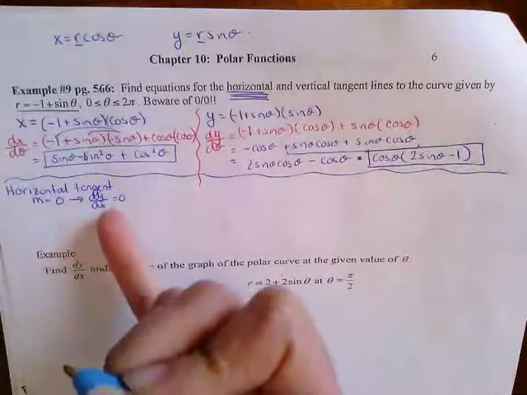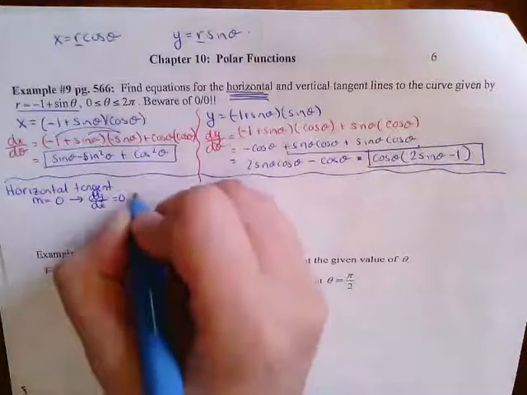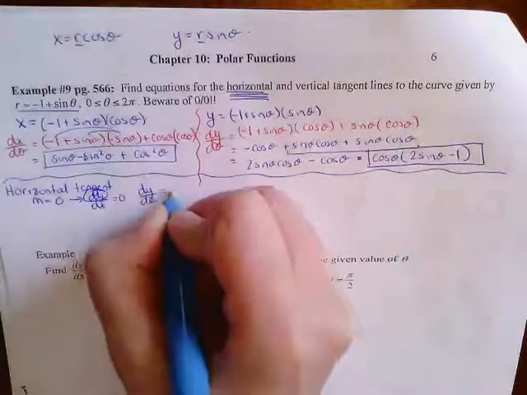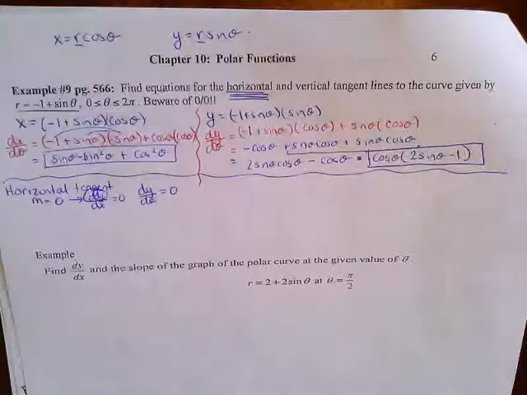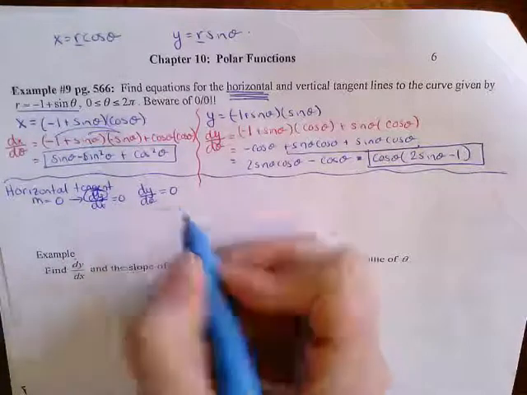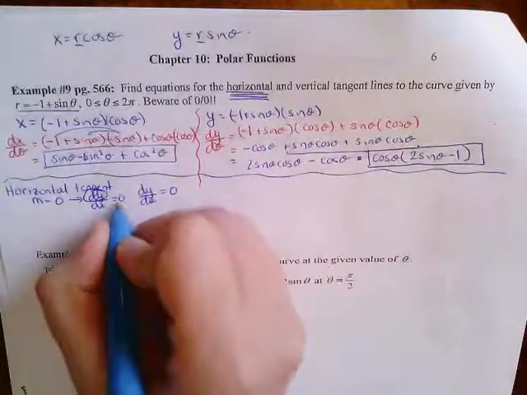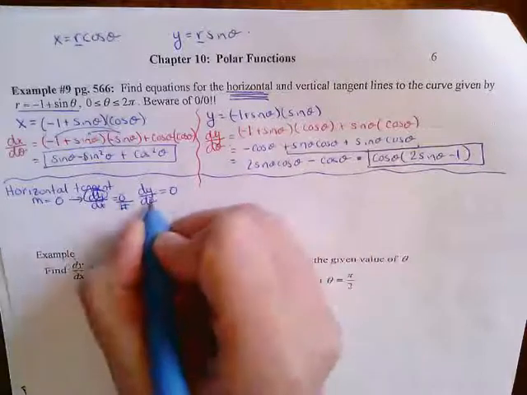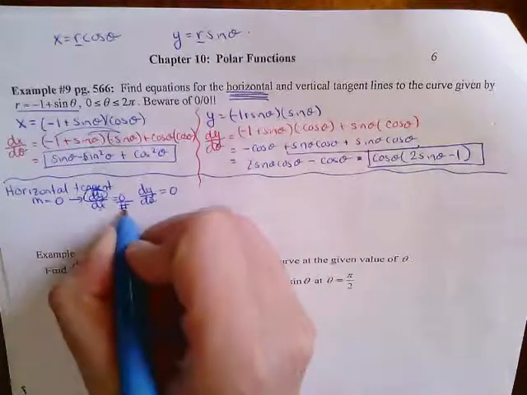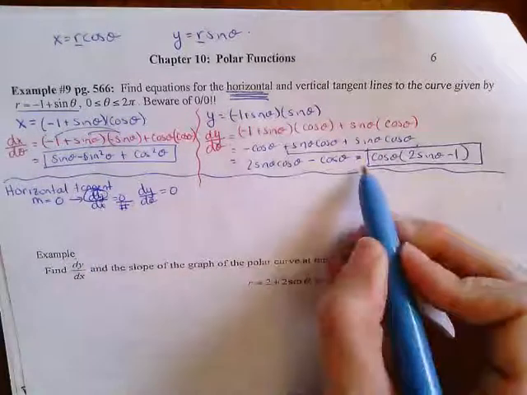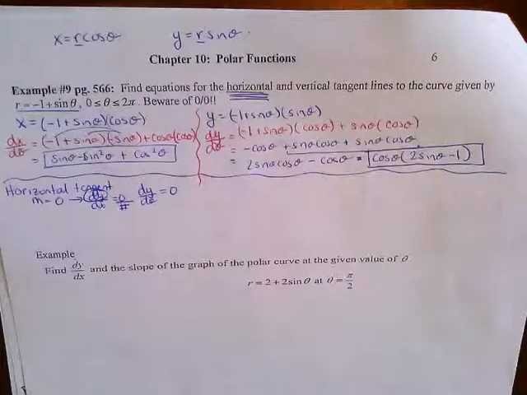And we get dy dx to be 0 by allowing dy d theta, which is the top part, to be 0. And then the dx d theta has to be a number. So we definitely have to check this. So it's going to be 0 over some number for it to be 0. So that means the top part has to be 0. The bottom cannot be 0.